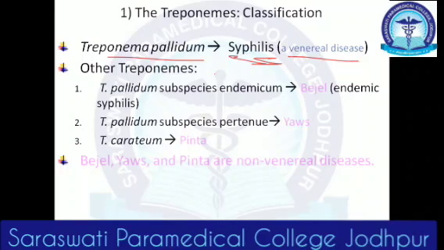So first, when they find the environment feasible for them, they start to grow, and finally it will produce some symptoms, or sometimes no symptoms. We call this the primary stage of syphilis. It begins like skin lesions, then it grows on and on, produces many more lesions, and finally goes to the stage of secondary syphilis.